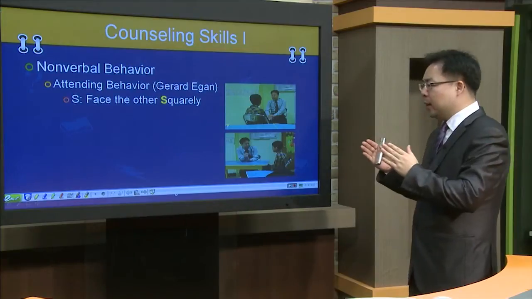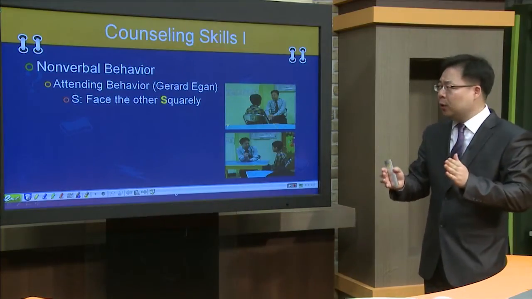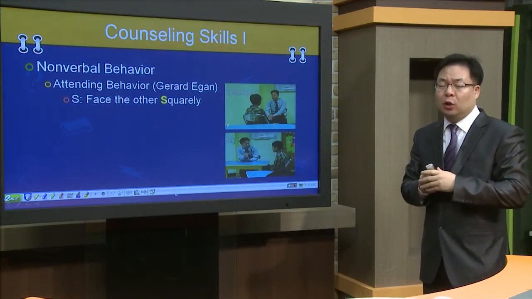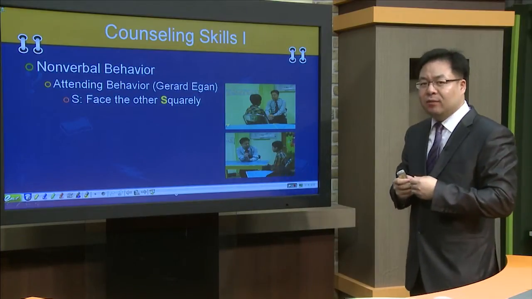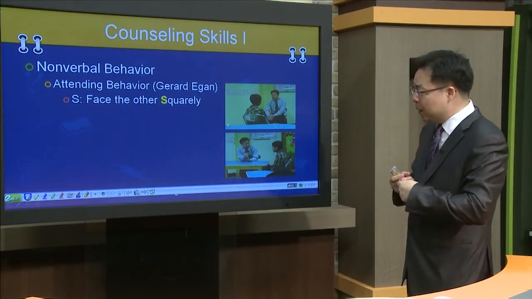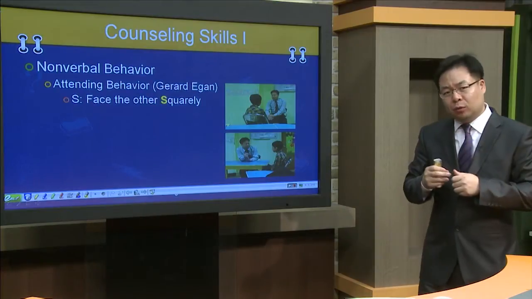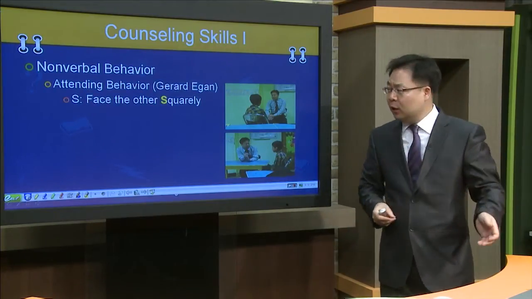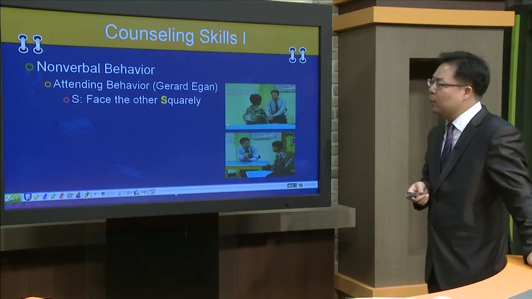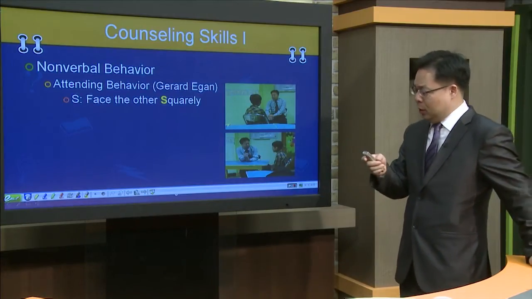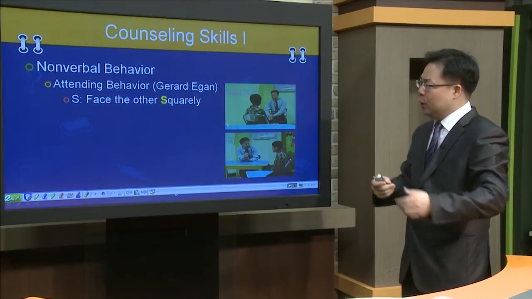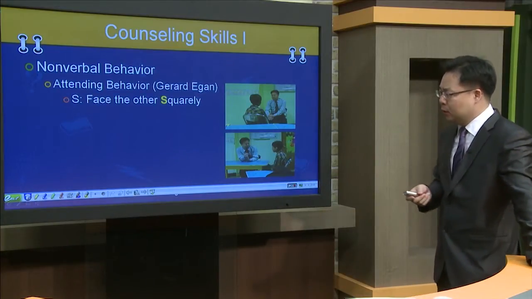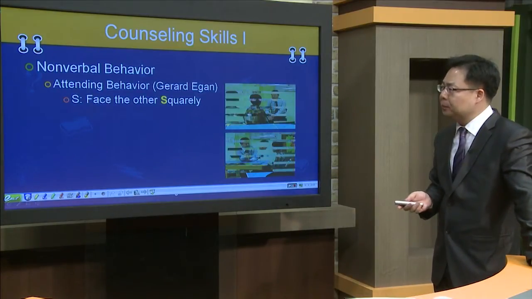When we face the other person squarely, like in the first picture, we could identify their nonverbal message better than in the second picture, where we face a little bit a different way. So he recommended the first kind of sitting method as better than the second one.